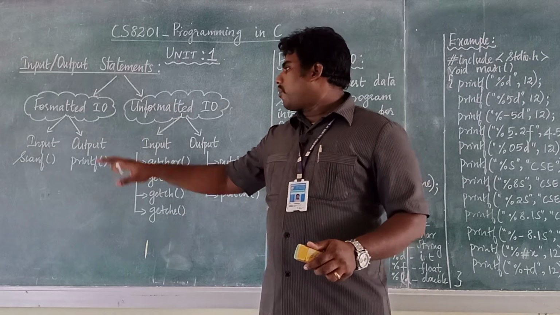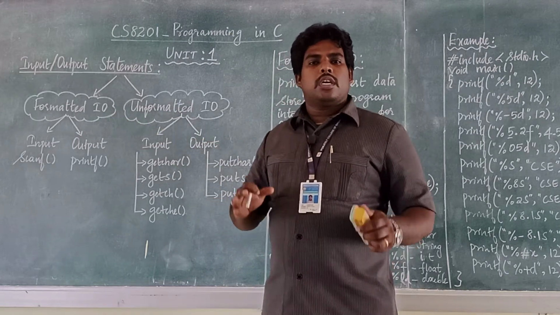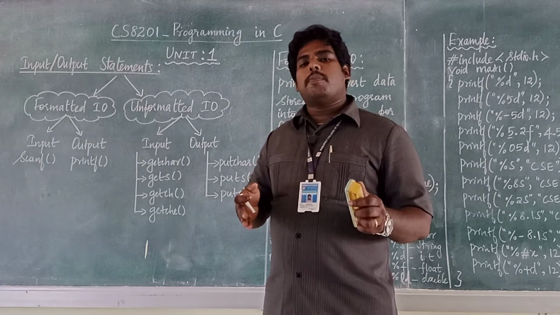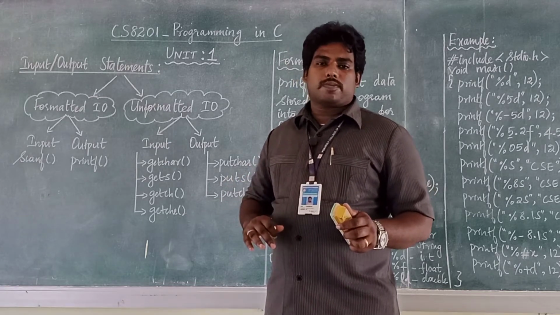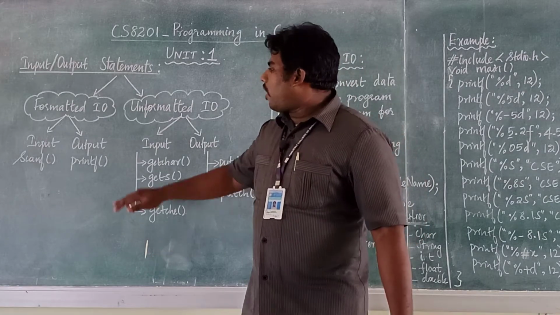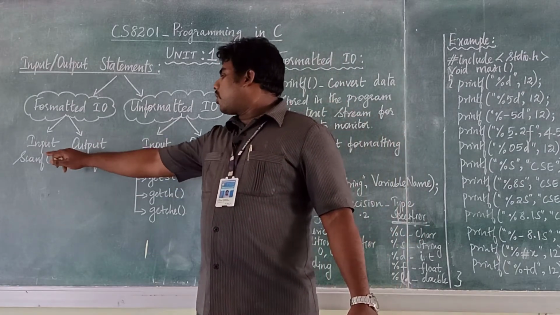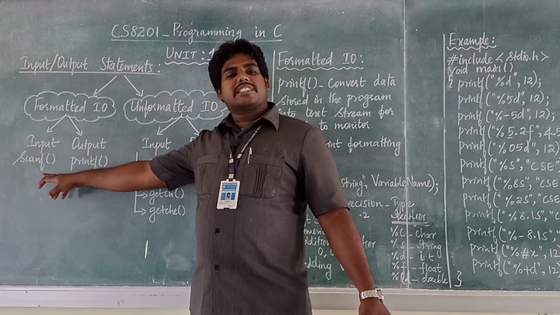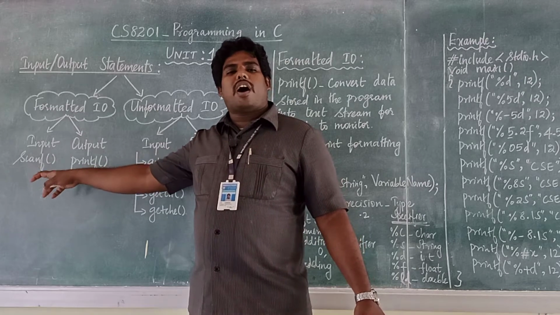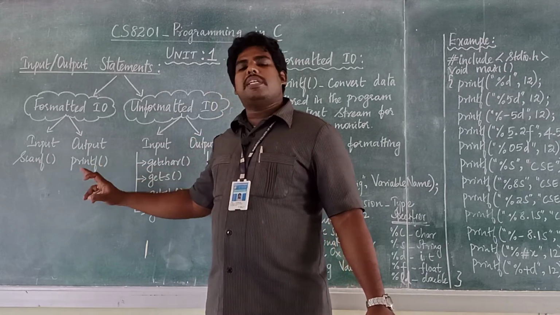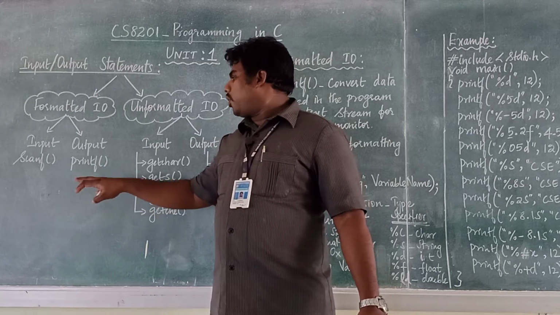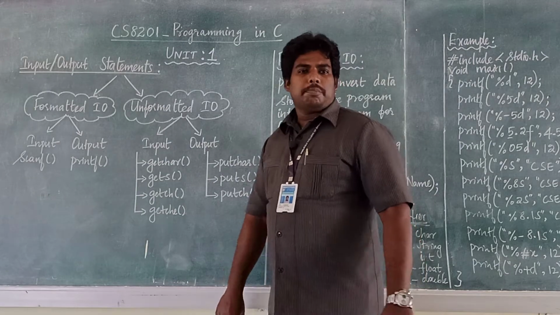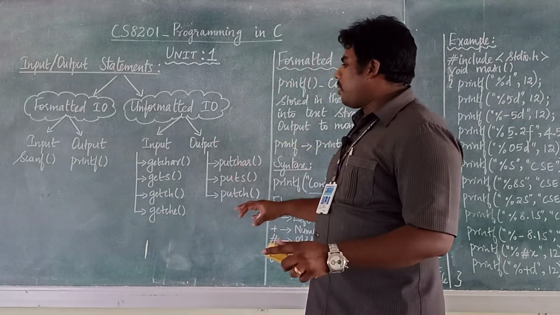All of you understood? The formatted input-output statement is used to get all types of inputs and to print all types of outputs. In the formatted input-output statements there are two functions: scanf for input and printf for output, where f means formatting. In this video session I am going to explain only the printf statement, but before that, a brief about scanf.